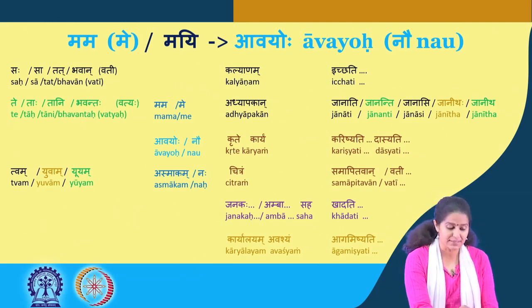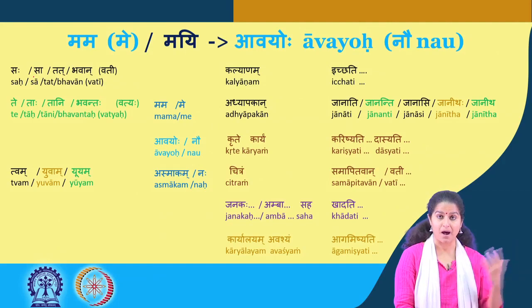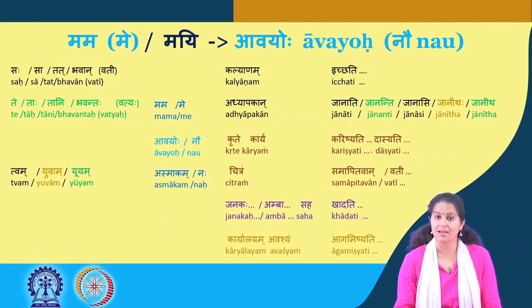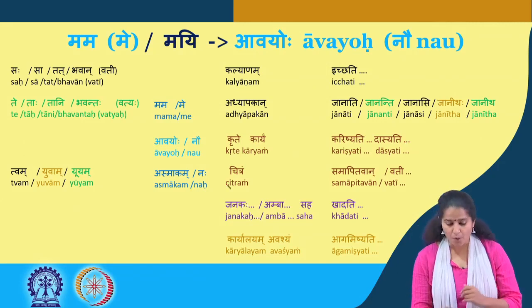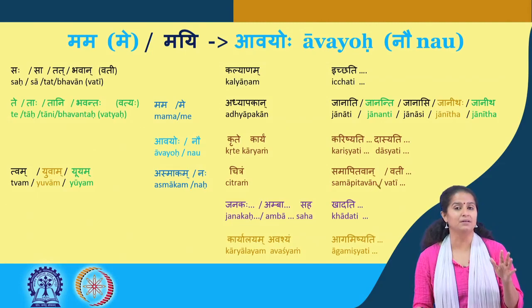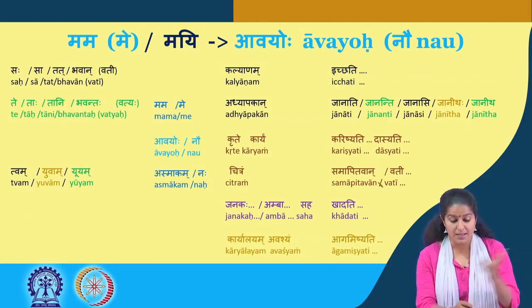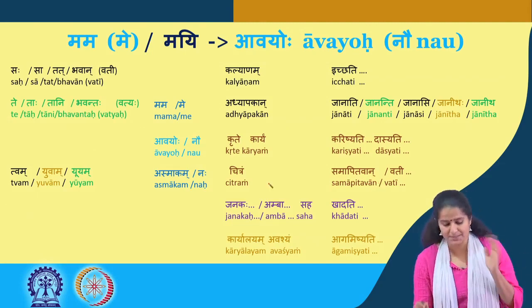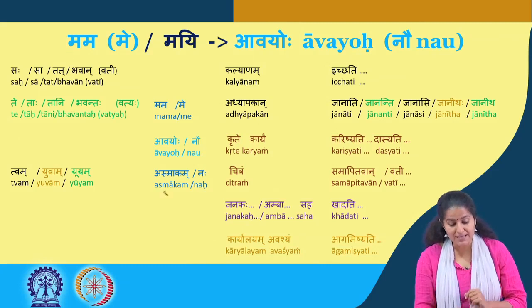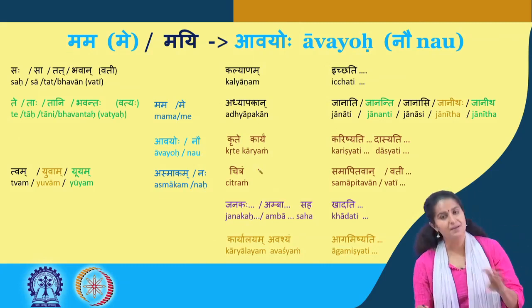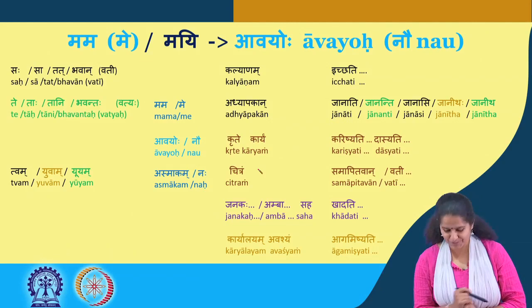And in the plural it is saha asmakam krite karyam karishyati or dasyati. The other option is saha mama krite or saha mama chitram samapitavan. He finished the picture for me. Saha avayoho chitram samapitavan. Finally, saha asmakam chitram samapitavan. Uttamam.